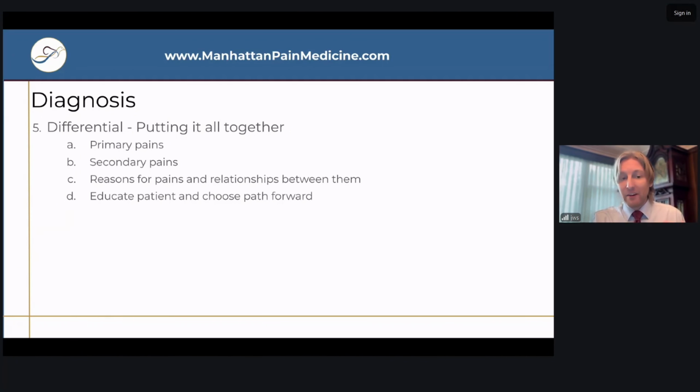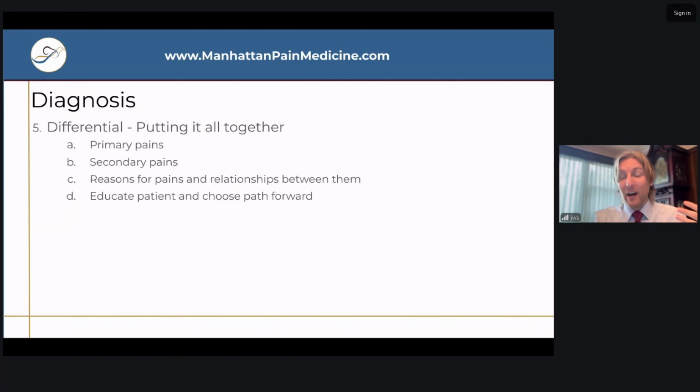And once I have a working hypothesis for that, then I try to educate the patient on what I'm seeing. And my general approach is to share my logic with them. I tend to think out loud. I connect the dots out loud in front of them and explain what's possible and how it may be happening and why I think it's happening the way that it is happening.